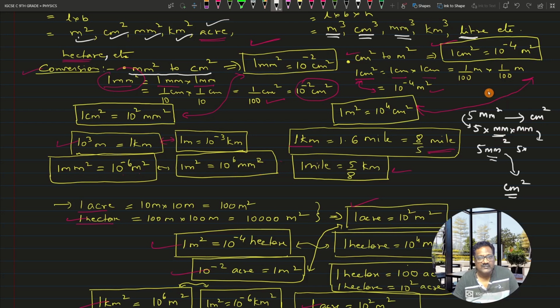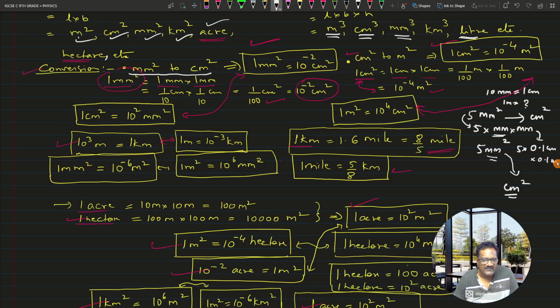Everybody knows that 10 millimeter makes 1 centimeter. So 1 millimeter will be how many centimeter? You have to do cross multiplication: 1 into 1, 1 upon 10. So it will be 0.1 centimeter. So for this I will write 0.1 centimeter, and there is one more 0.1 centimeter.